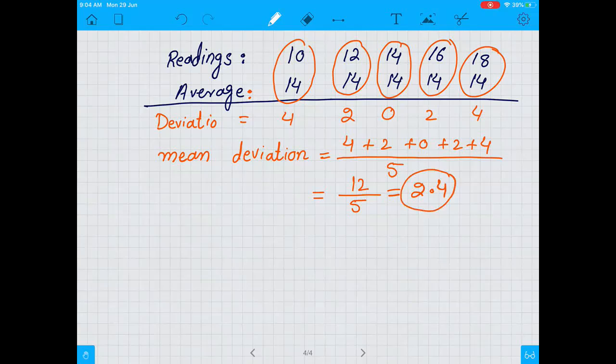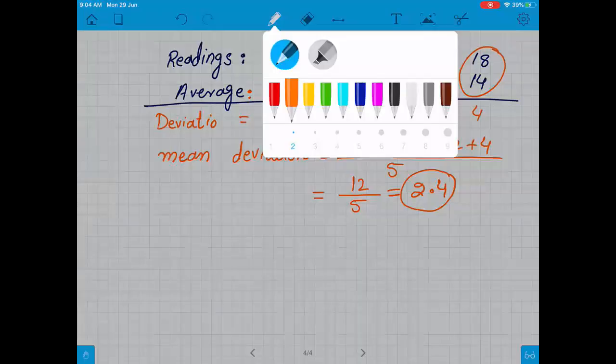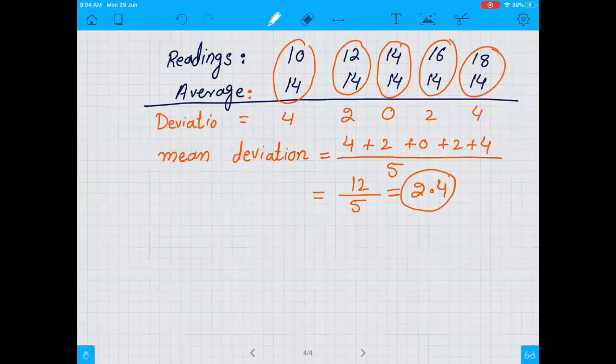Now, random uncertainty is written as a plus minus, and it is written up to one significant figure. So this 2.4, if it is written up to one significant figure, would become 2. Random uncertainties are to be written in one significant figure.